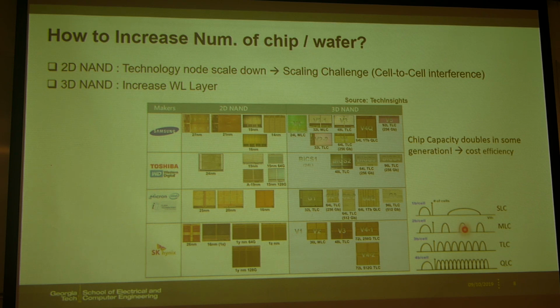It relates to the number of electrons in the charge trap layer. So in QLC state, the erase state, the left one, has the lowest number of electrons, and the right one has many electrons here. So the number of electrons can distinguish this state.